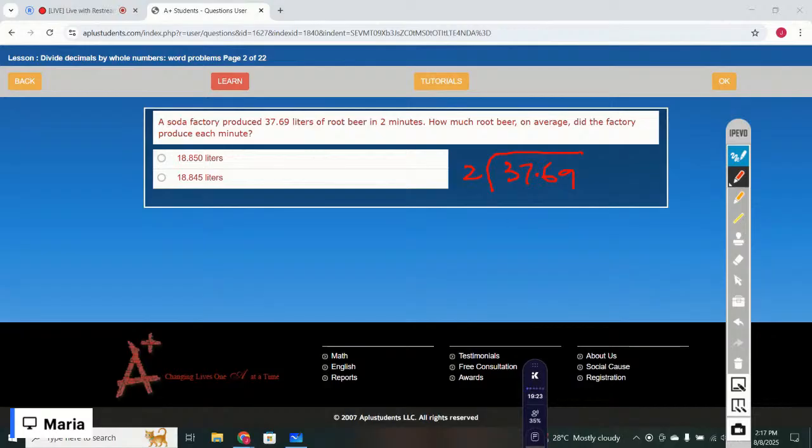Let's just divide. 2 times 1 is 2. 3 take away 2 is 1.